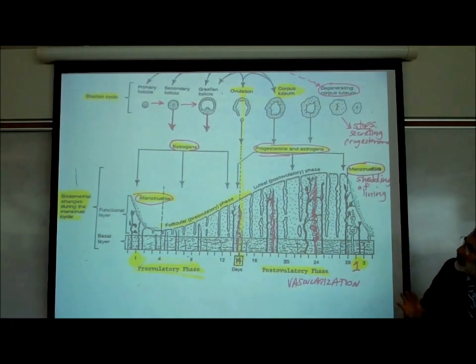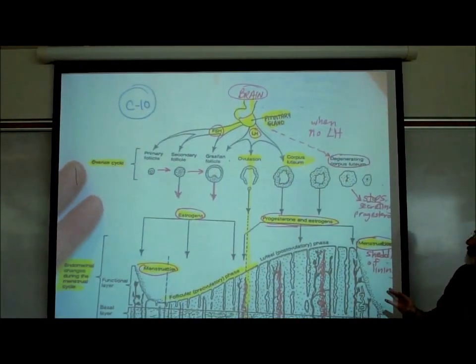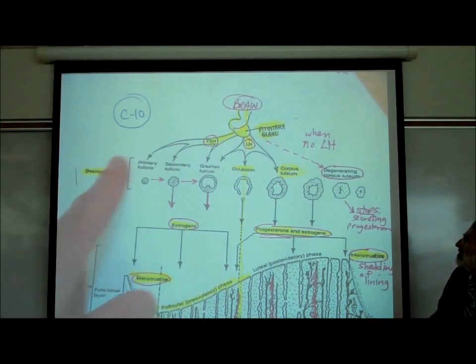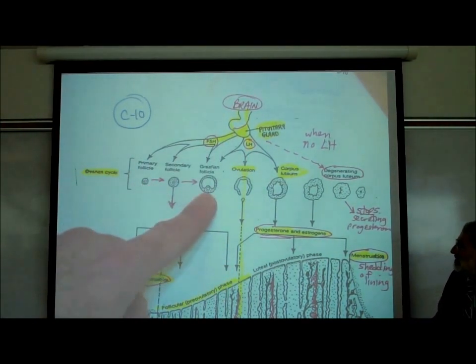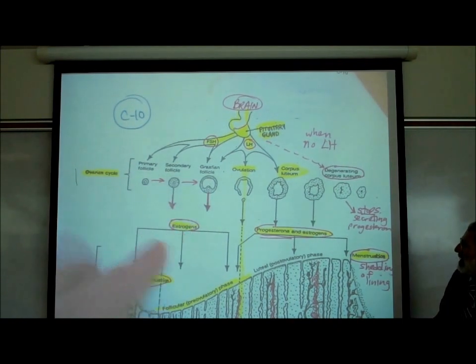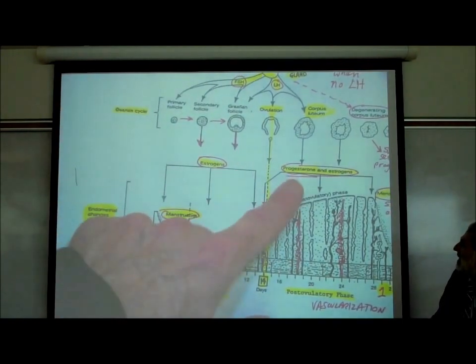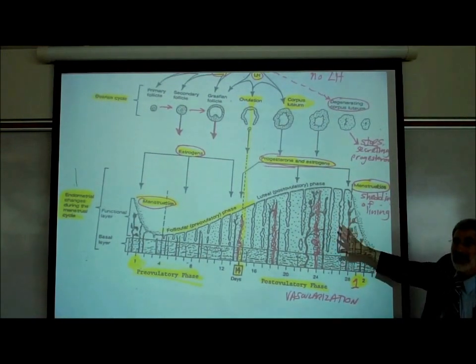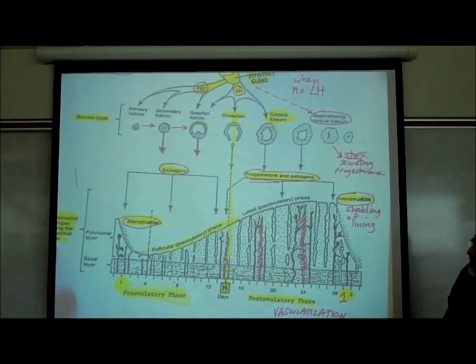So, this is a really neat diagram. It's basically showing a chain of command. The hormones from the pituitary control what goes on in the ovaries. The hormones secreted by the ovaries, estrogen and progesterone, control the uterus. That's how it works. It's a chain of command.